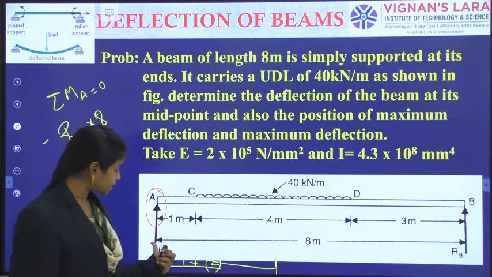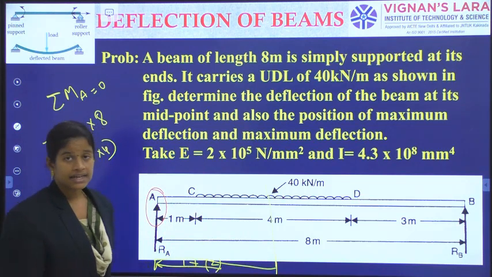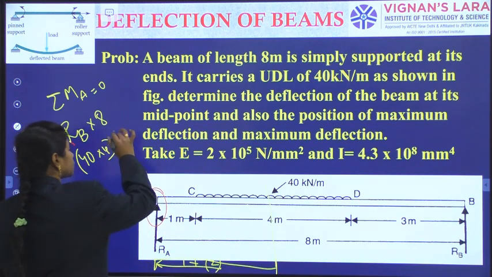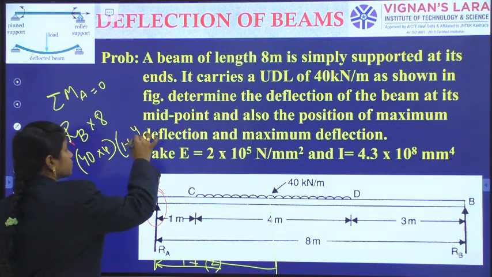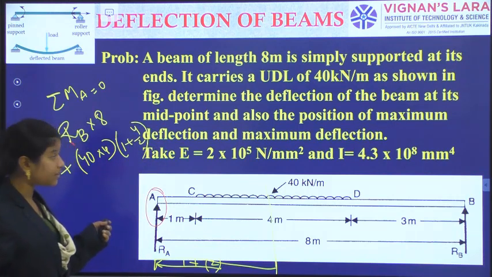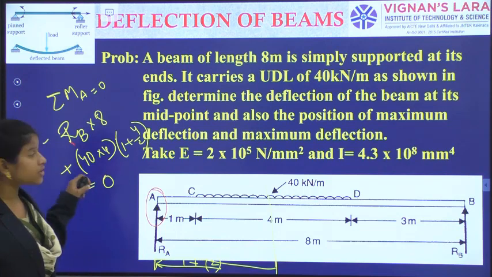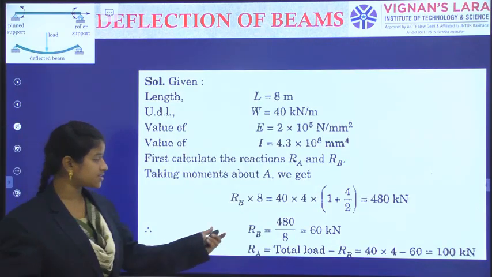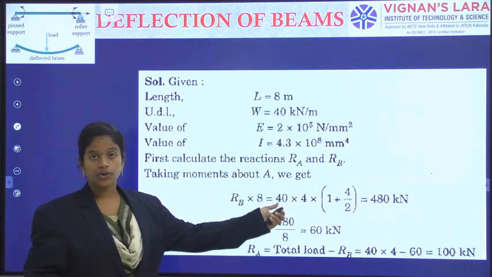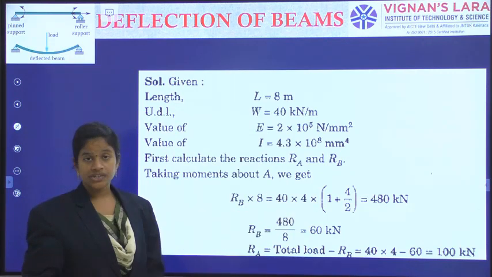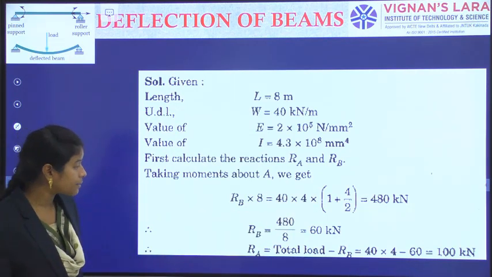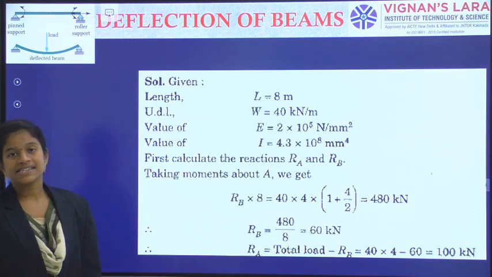From the center to the RA support, that is 3 meters. So 40 into 4 into 1 plus 4 by 2. That step only they have written, which I should make equal to 0. So RB into 8 is equal to 40 into 4 into 1 plus 4 by 2, which is 480 kilonewtons. So RB answer we have got is 60 kilonewtons.